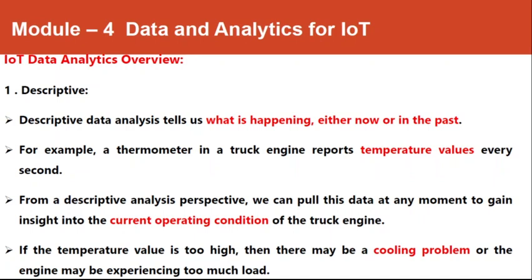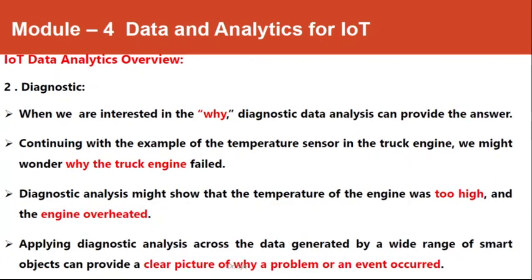The second type of result we are going to get from data analysis of IoT data is diagnostic. When we are interested in why, diagnostic data analysis can provide the answer.